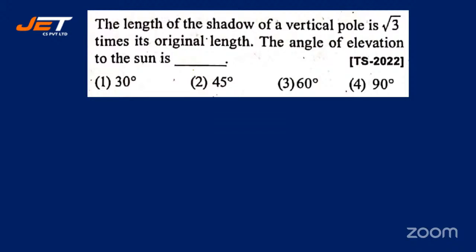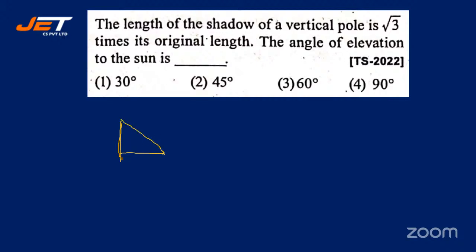The length of the shadow of a vertical pole is root 3 times its original length. The angle of elevation of the sun is dash. Okay, so the length of the shadow of a vertical pole. So let's assume this is the length of the shadow.